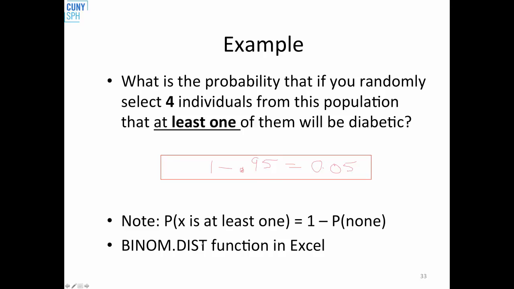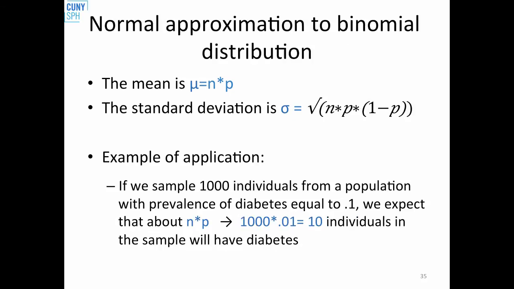You can also do this with the binom.dist function in Excel, and I have used that function in the spreadsheet I've given you. The binomial distribution not only looks like a normal distribution, but it is in fact very close to a normal distribution. It's not exact, but for reasonably large sample sizes it is pretty close and you can approximate it.